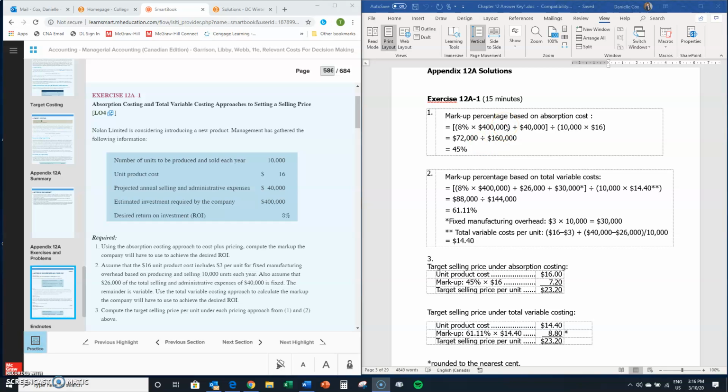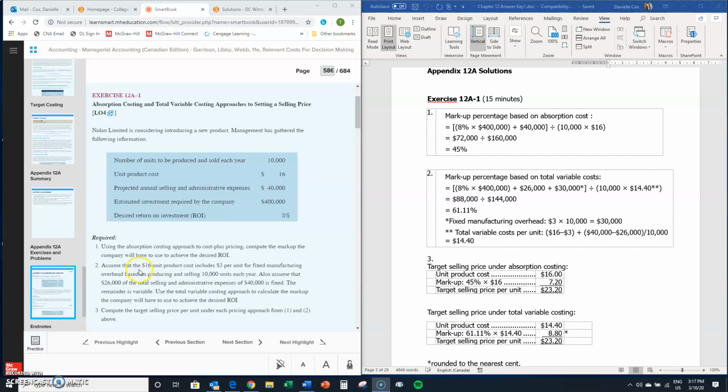So the required ROI times the investment plus selling and administrative expenses, and we're given that as $40,000 here. You divide that by unit sales of 10,000 times unit product cost of $16. So you just work that out and you get a markup of 45%.